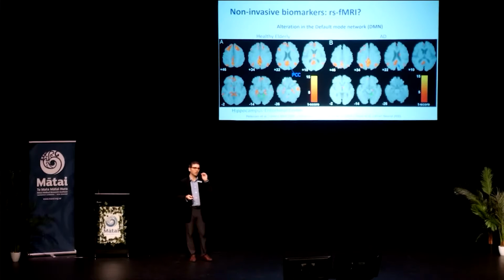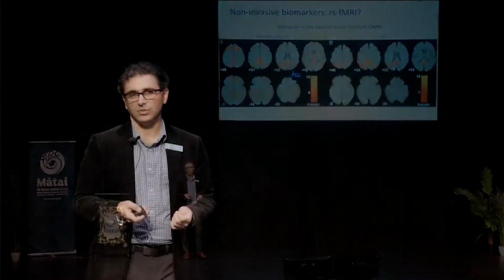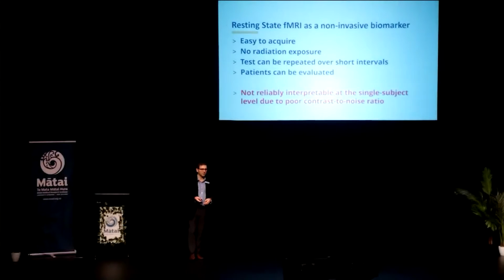So we need to rely on some tools, for example, medical imaging tools, to identify those subjects. And resting state fMRI is a good candidate because the data can be easily collected. There's no radiation or exposure involved. You can repeat the test as much as you want. And patients can be evaluated because they don't need to perform any specific task.